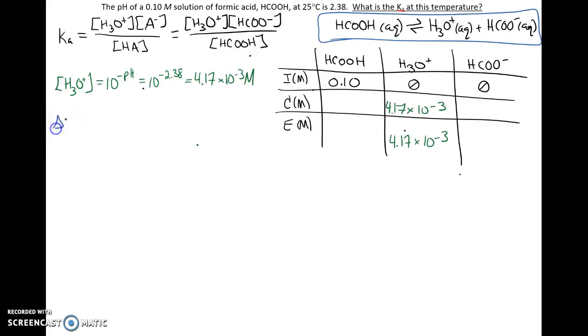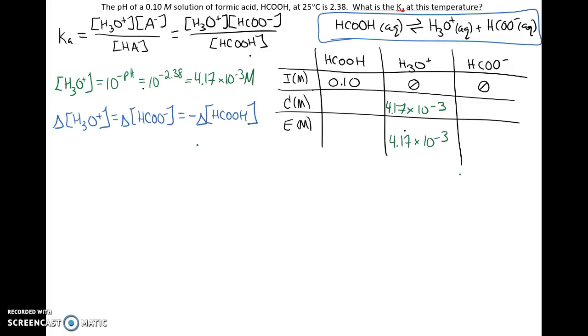So we could write that the change in hydronium ion concentration is equal to the change in formate concentration, and is equal to the negative change in HCOOH, or formic acid concentration, since both hydronium ions and formate ions are being formed, and formic acid molecules are being consumed.